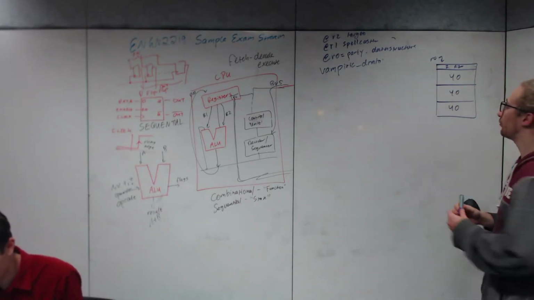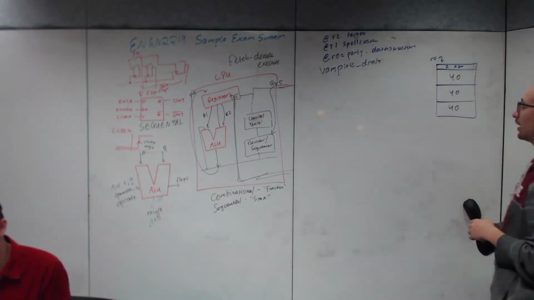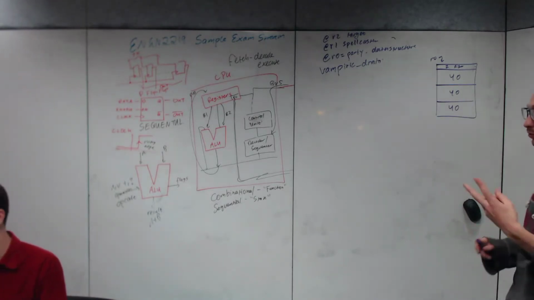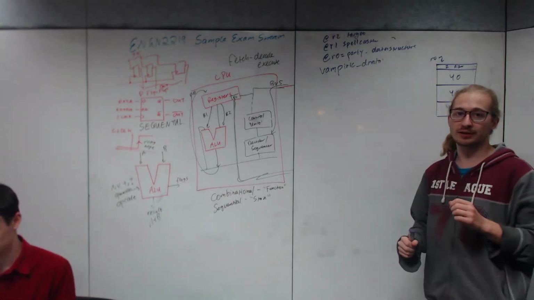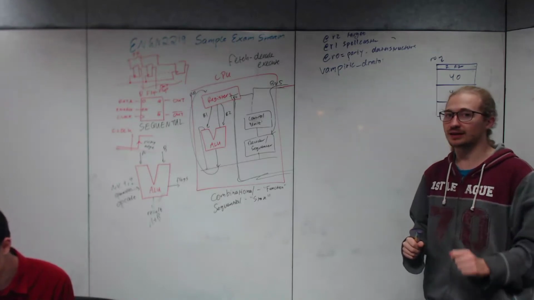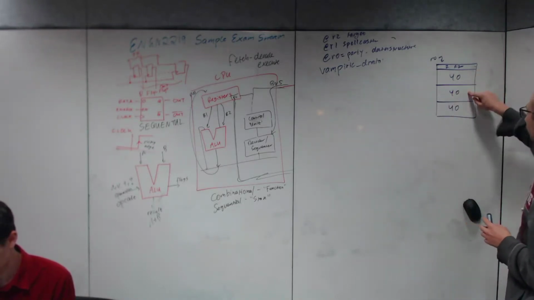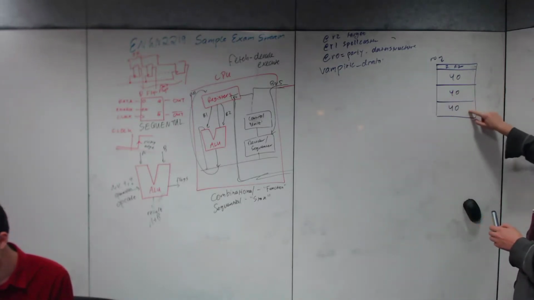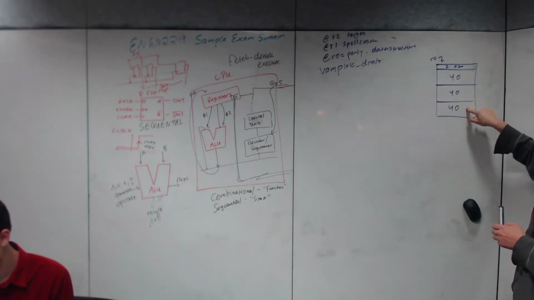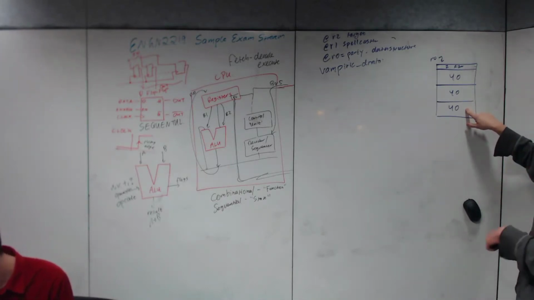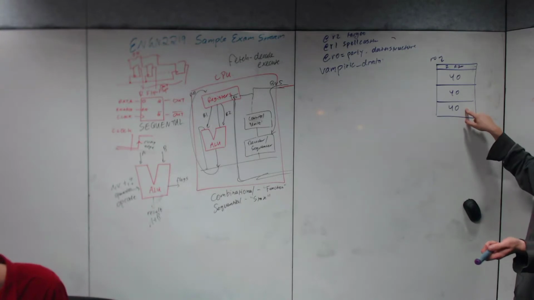So if R1 points to the spellcaster, and R1 is 2, then R1 will be pointing to the player with ID number 2. 0, 1, 2, which will be this one here. So I want to add 2 lots of 40 bytes plus 2 bytes.